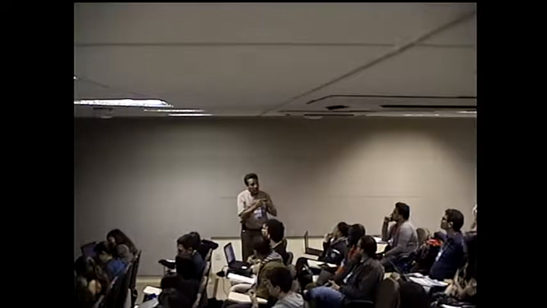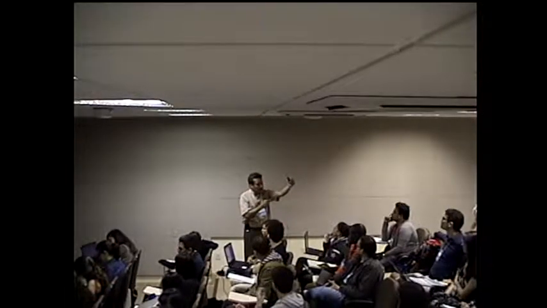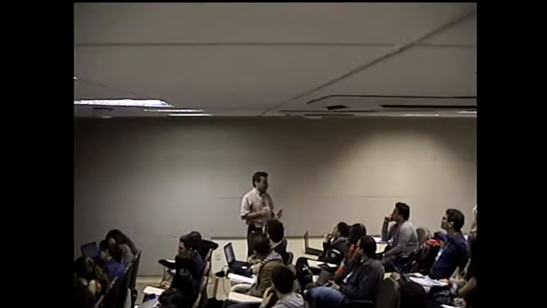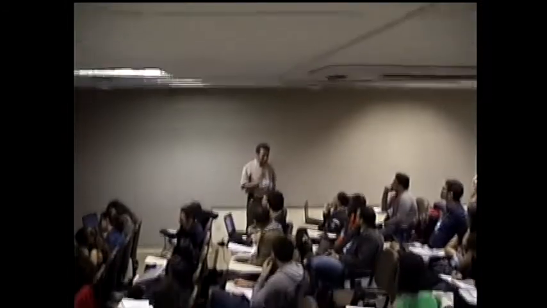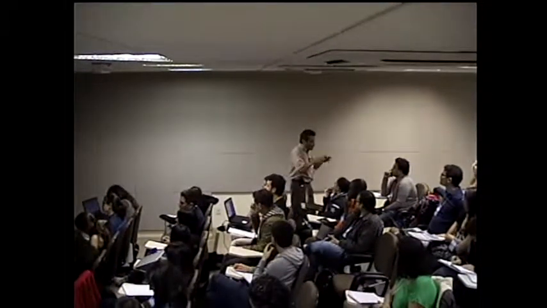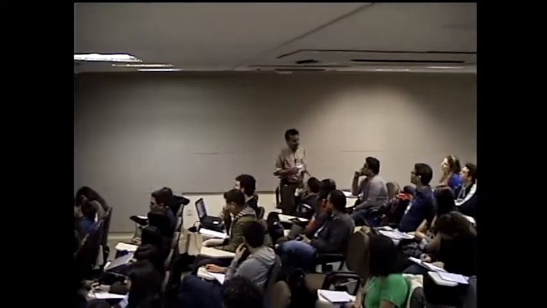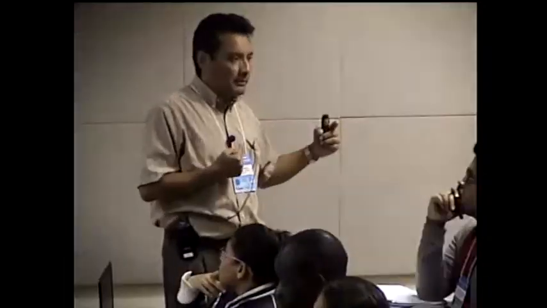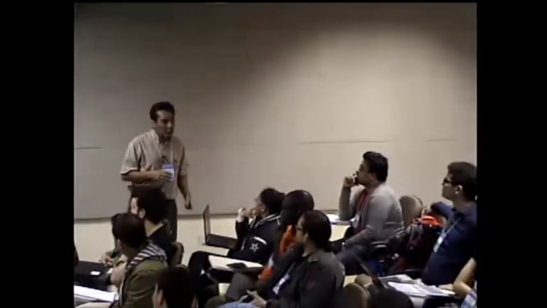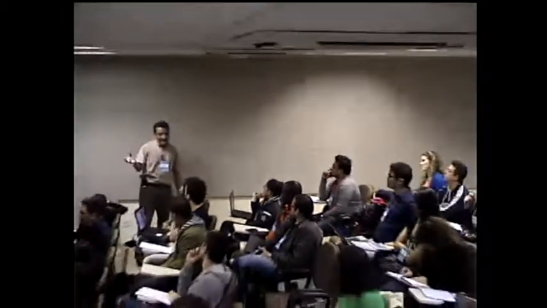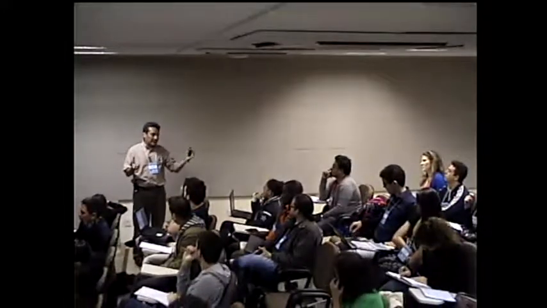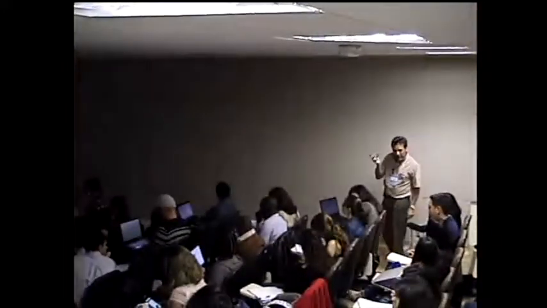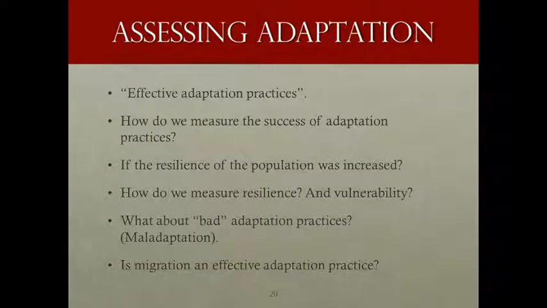But to the coffee buyer in Europe, how does that look? That doesn't look like a good adaptation practice, no? Because if everybody decides to stop growing coffee, then I'm out of business. And then all the people who wanted to sip coffee in Europe and the US are going to be like, what happened to my coffee? No? And so one adaptation practice can be very positive for a group, but it could be negative for another group. And so assessing adaptation is extremely important, but it's also a tricky situation.